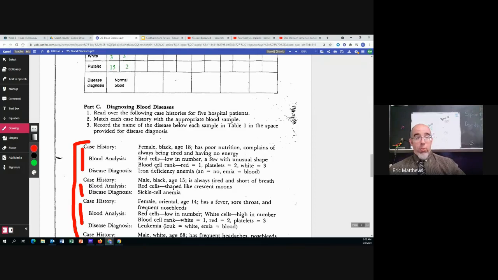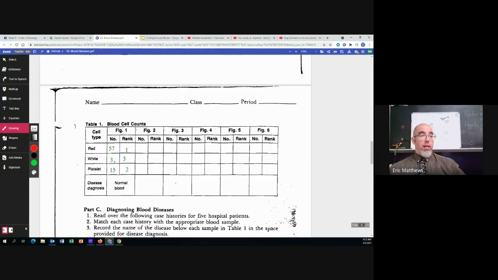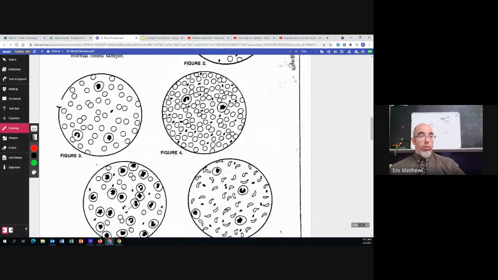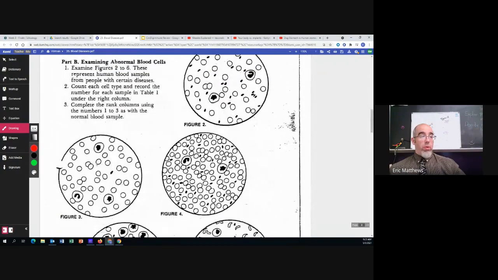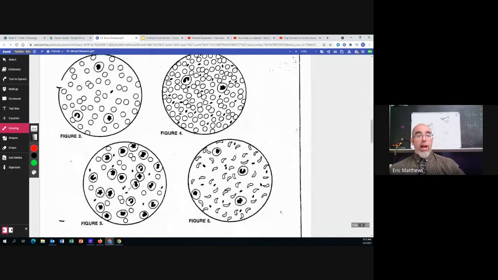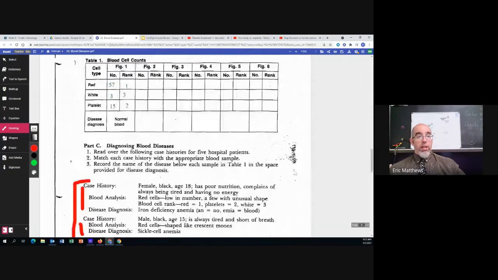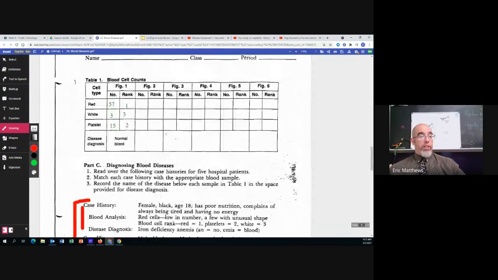The blood cells rank should have red as number 1, platelets as number 2, white as number 3. So when we take a look up here, you'd look through for which one has the fewest red blood cells. And that would probably be your iron deficiency.